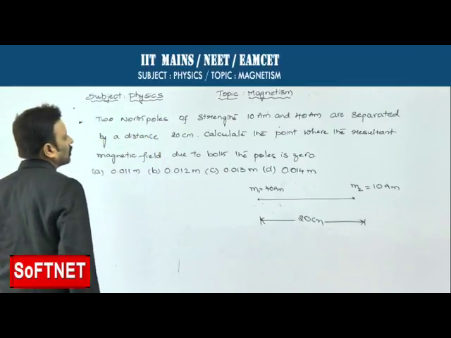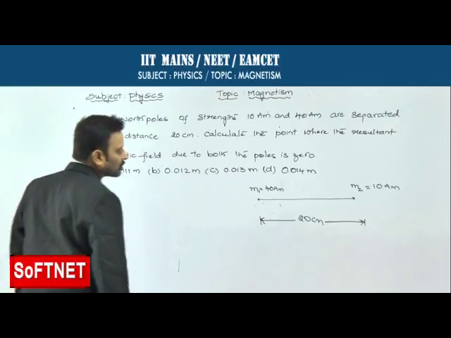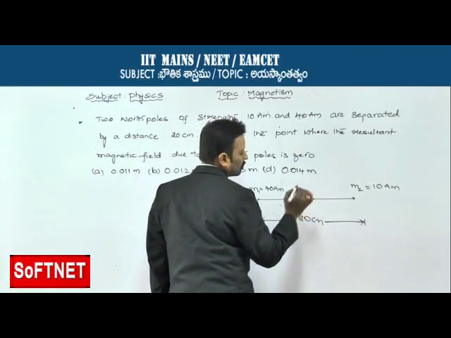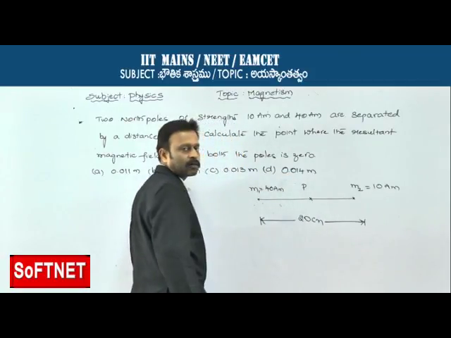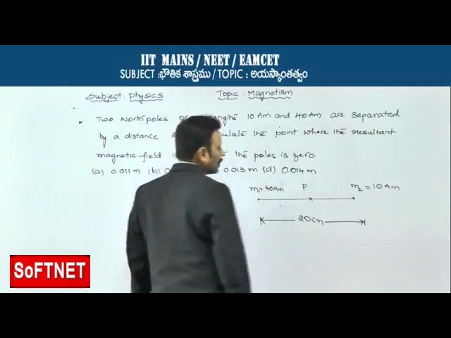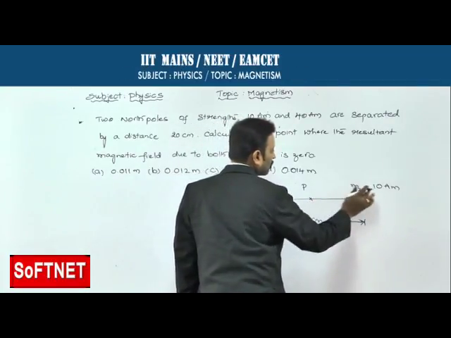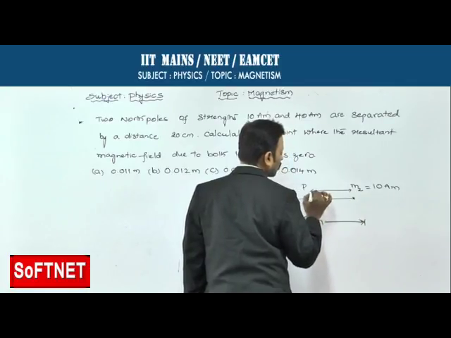You are asked to calculate the point where the resultant magnetic field due to both the poles is 0. Let us suppose that this is the point P where the resultant field is 0.